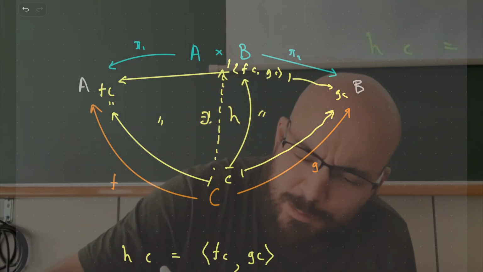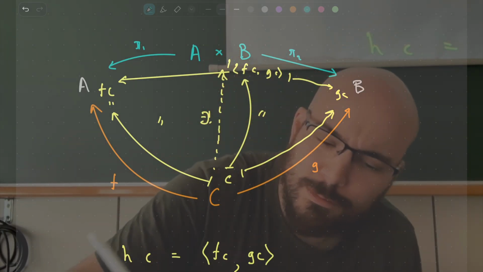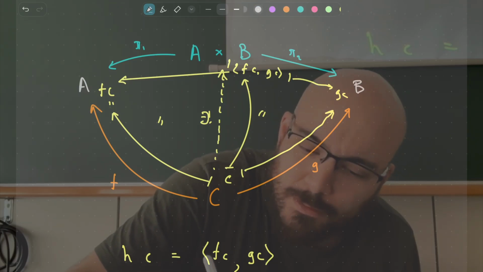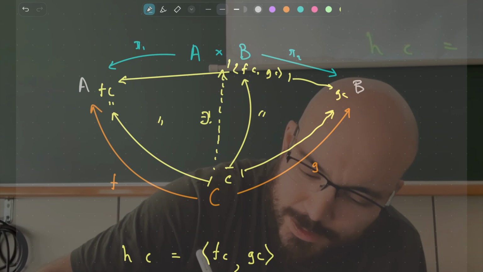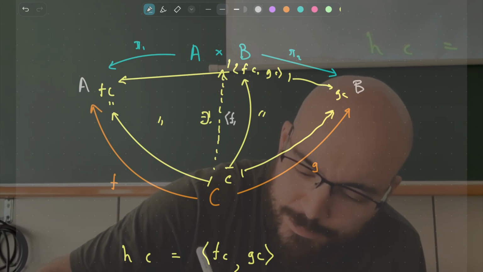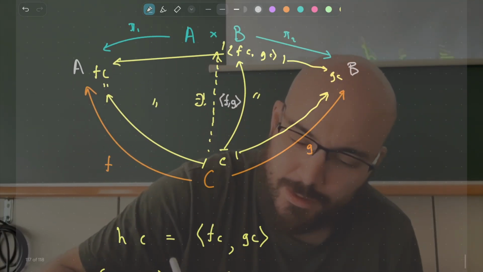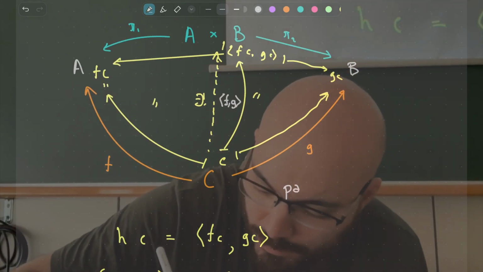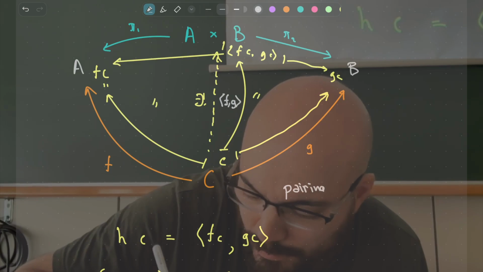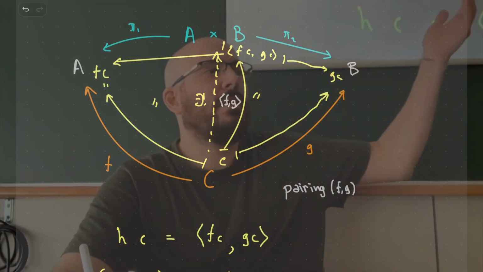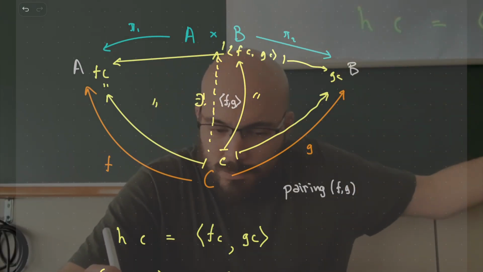And the notation came up in Zulip a few days ago, like 2 days ago or something like that, mysteriously. And I will use this notation, FG. I could call it the pairing of F and G. Why do I have the right to give it a name and a notation?